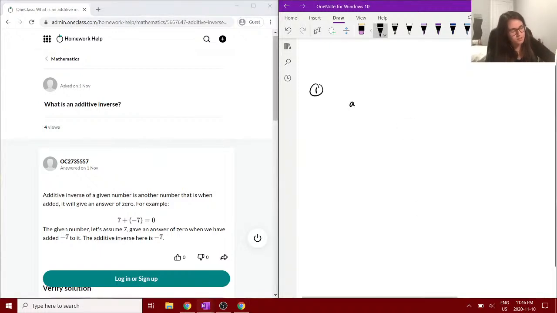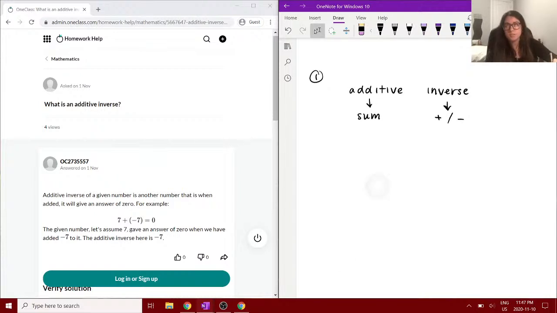If I just write the name, additive inverse, it's sort of self-explanatory. Additive, we're summing the two numbers together, or adding them together. And the inverse, well, if it's a positive number, the inverse would be negative, and if it's a negative number, the inverse is positive. So that kind of describes the definition there.